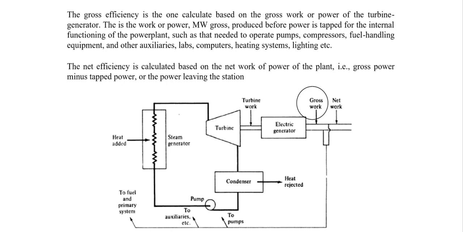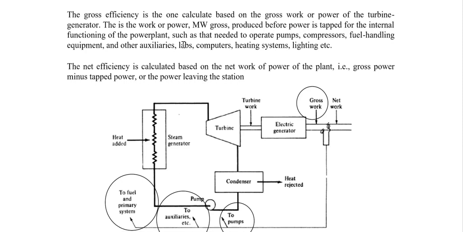Then after that, we tap some of the power out of it for the pumps, for the various auxiliaries, the fuel system, and many things which need power for running the power plant.